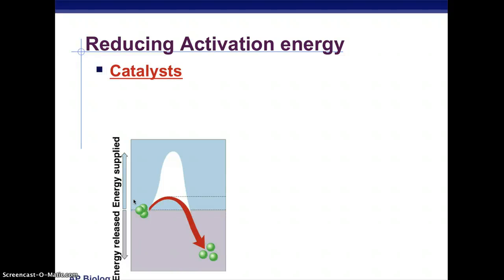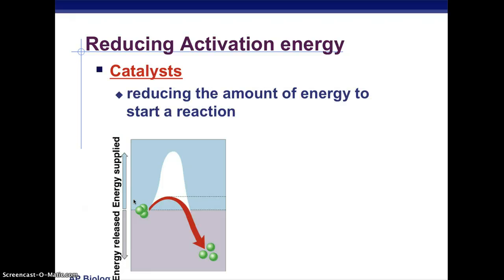So to reduce that activation energy, we add catalysts. Specifically, the catalysts that we're going to use in living systems are enzymes. What catalysts, or enzymes, do is lower the amount of that initial input of energy needed to get the reaction going. It decreases our activation energy. So here is an uncatalyzed reaction, meaning without an enzyme.